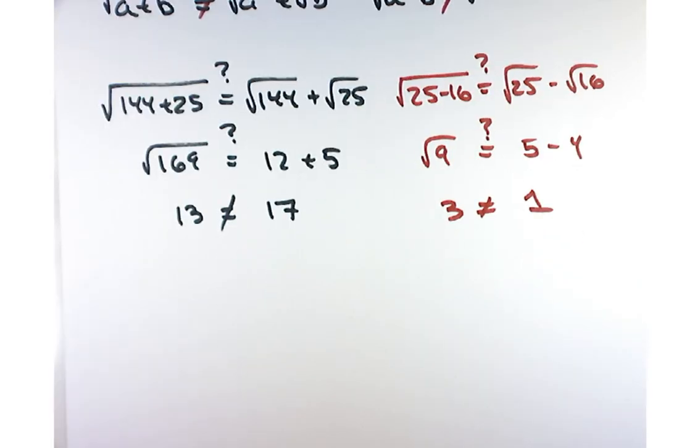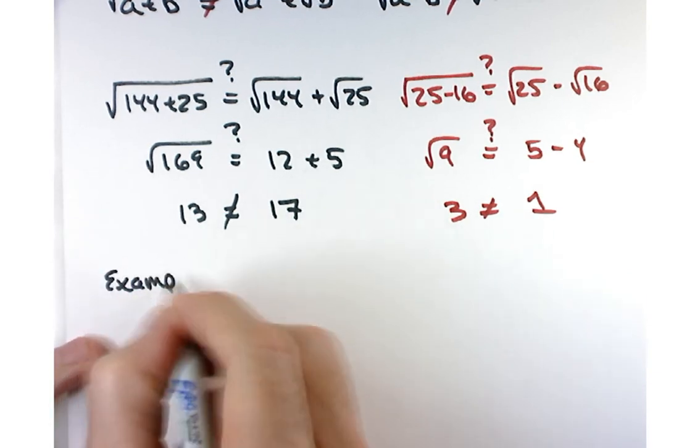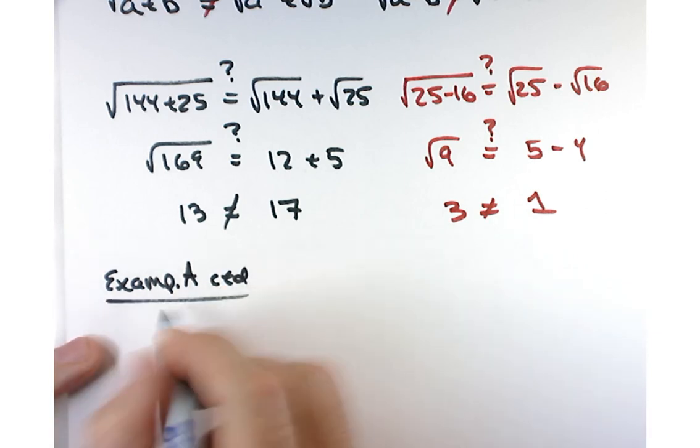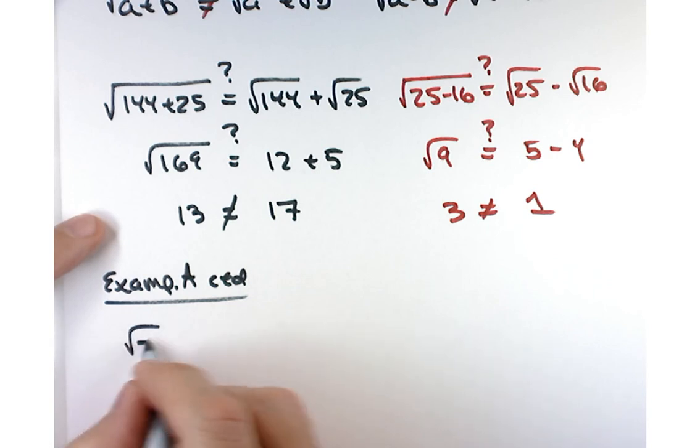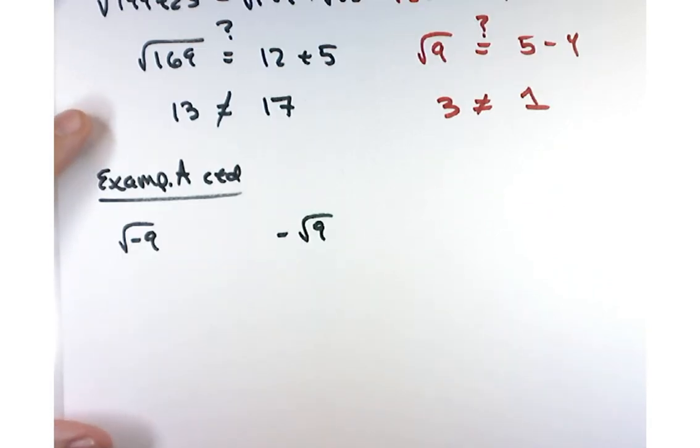Let's do a couple more for example A. So we'll do this example A, continued: square root of negative 9 and negative square root of 9. I want you to think about those for a minute.